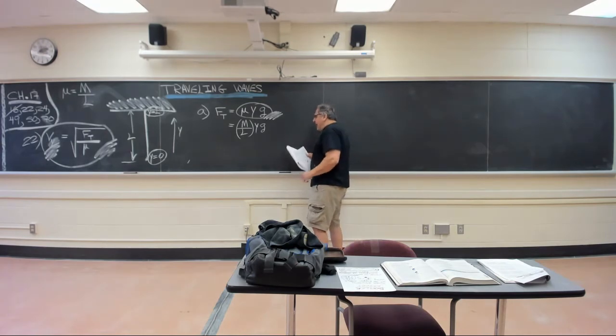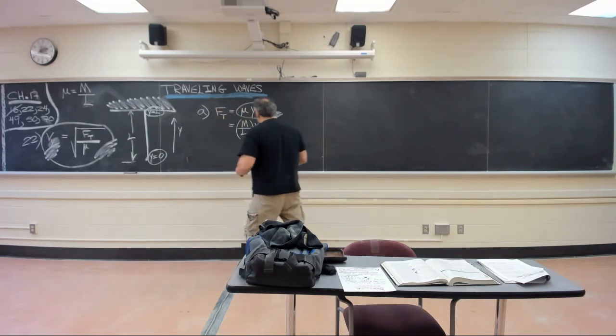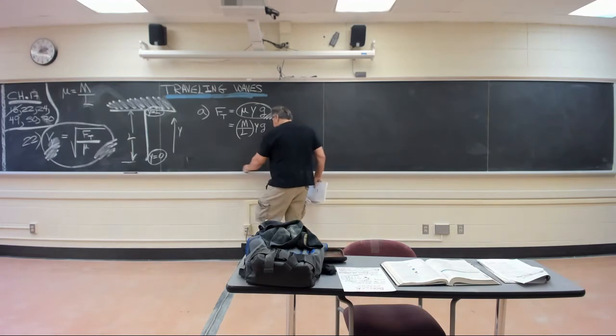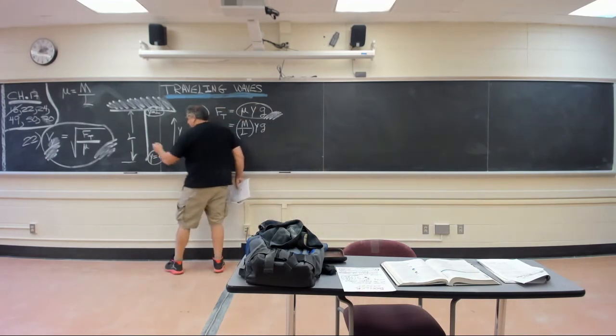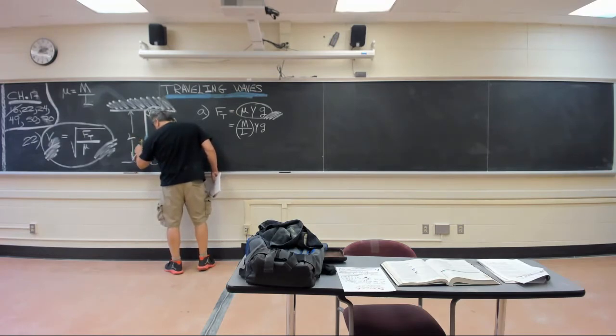So how fast is the capability of being fast at any particular point? You have to imagine that right here you're at a height of y. That's y amount of rope.